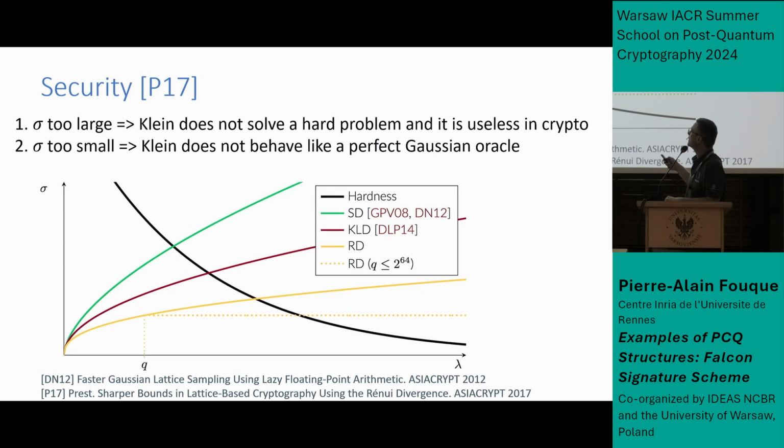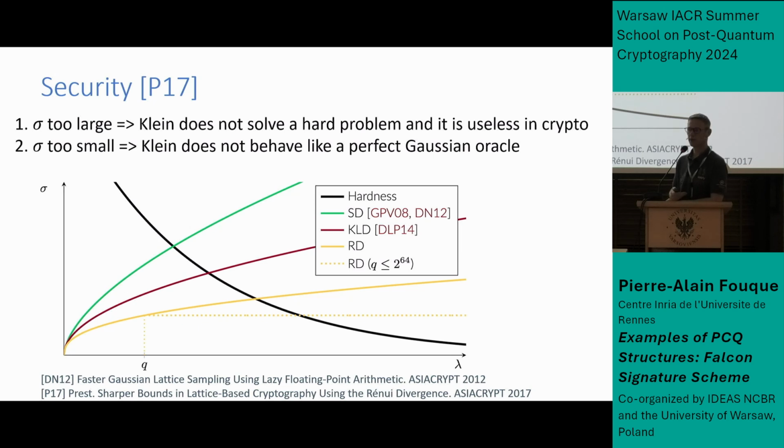You can see that the best way is to work with such a curve, because you can still have a very short standard deviation, so a small radius, and at the same time a very good security. This analysis was done by Thomas Prest at Eurocrypt 2017, and it uses Rényi divergence to show this result.